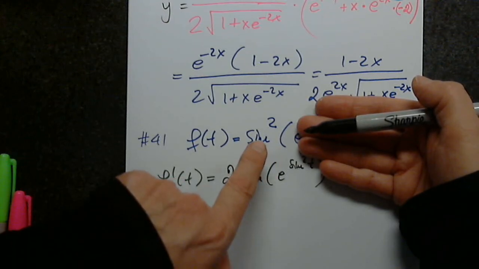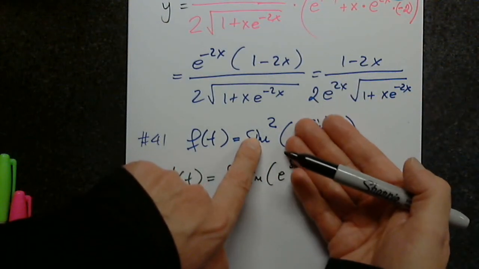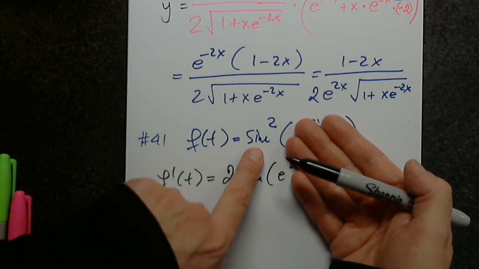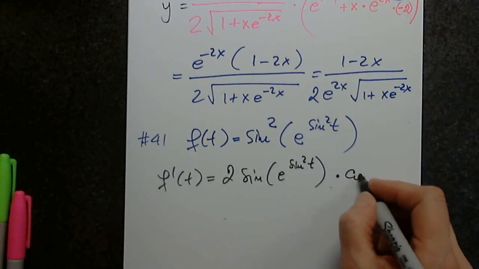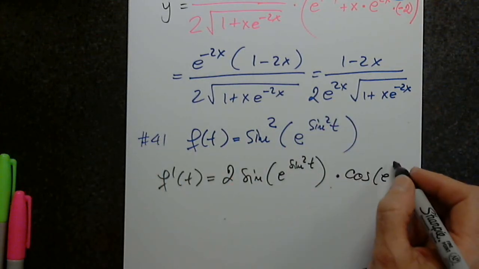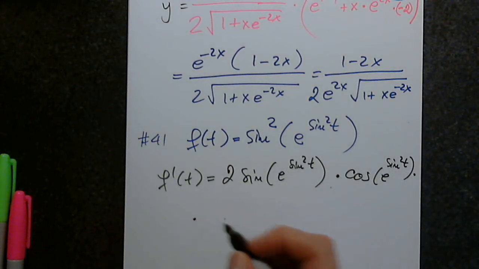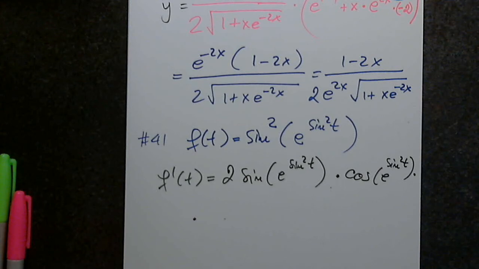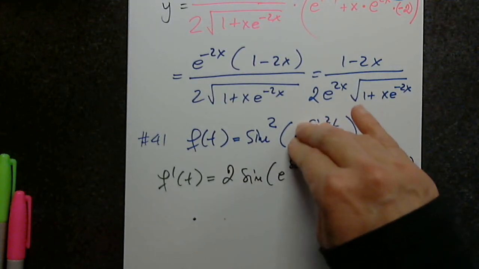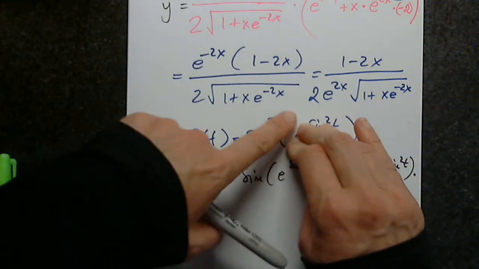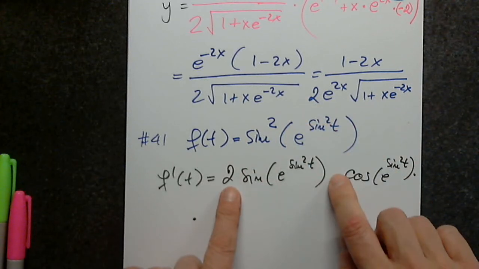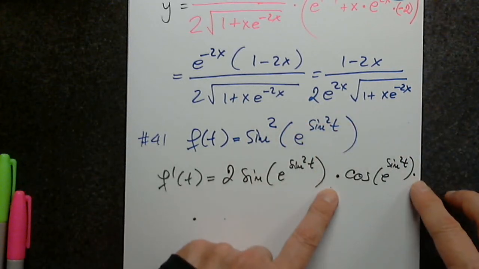But when I differentiate sine of whatever, what do I have? Yes, times cosine of e to sine squared t, and times... I haven't even gotten to this function. Now I am ready for this. One more time: 2 minus 1 times the inner function prime.